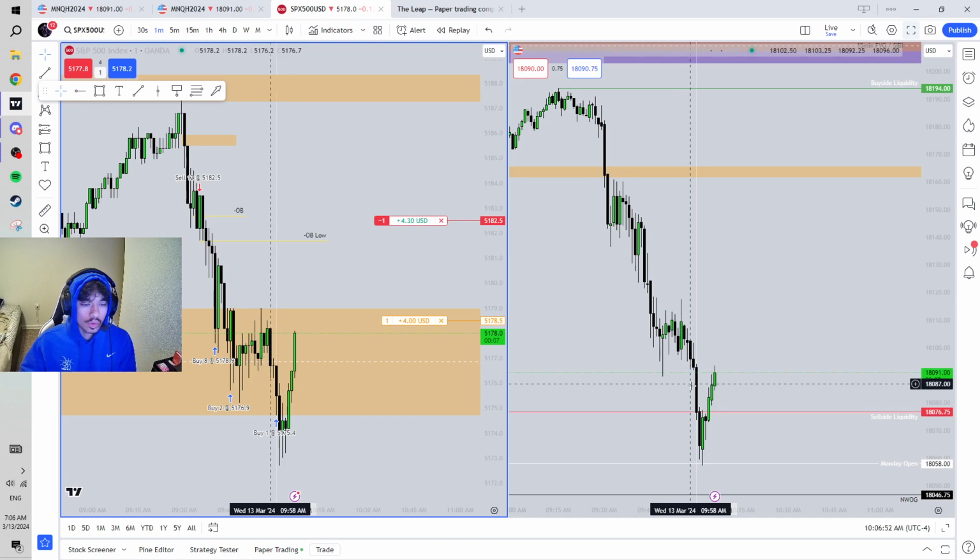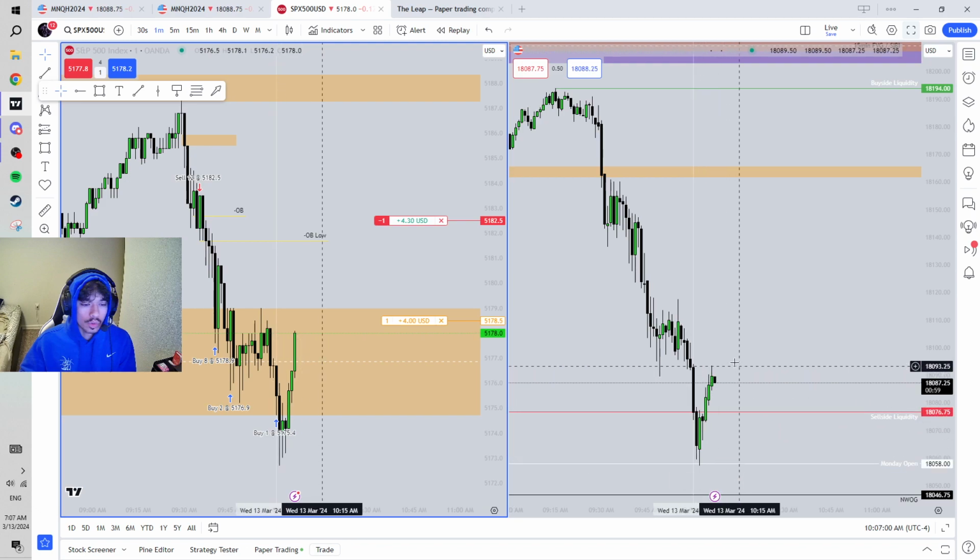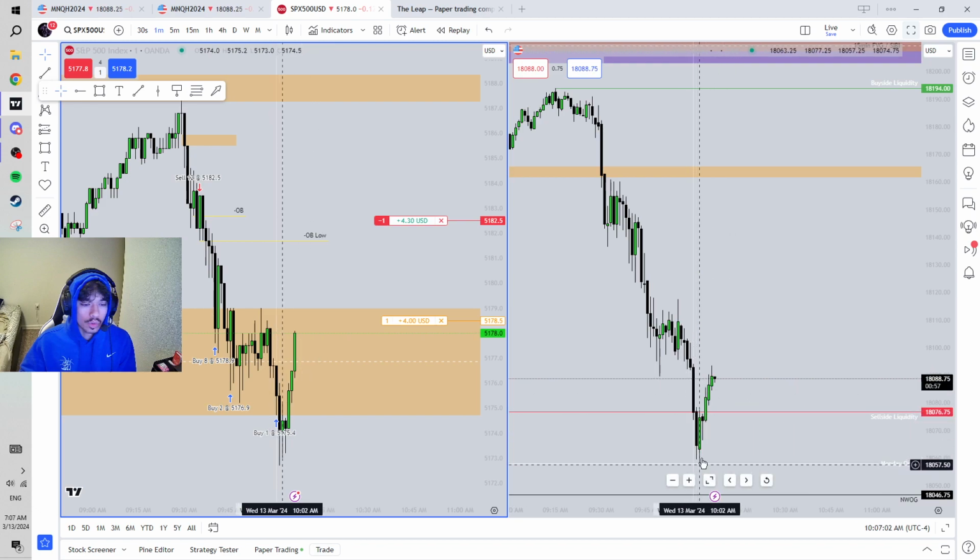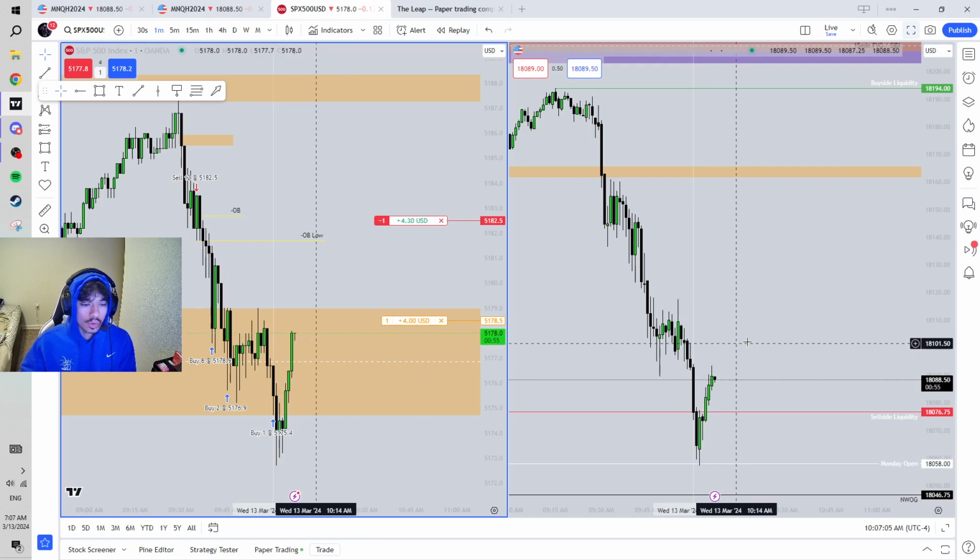Would have been a good trade right here, getting in on this candle's low. This right here. And then laying that 10 o'clock opening candle to work, right, to sell side liquidity and the Monday opening price.